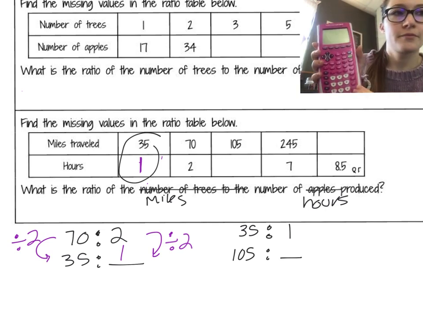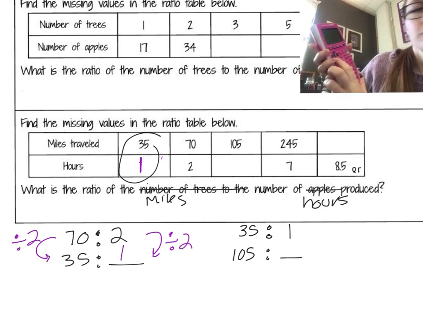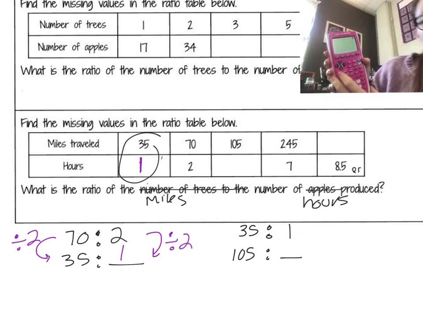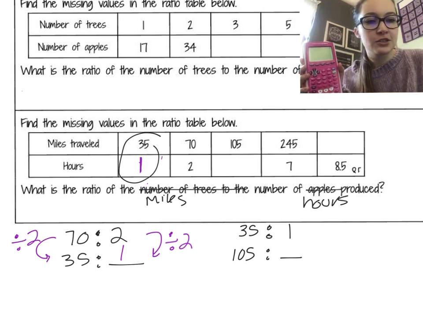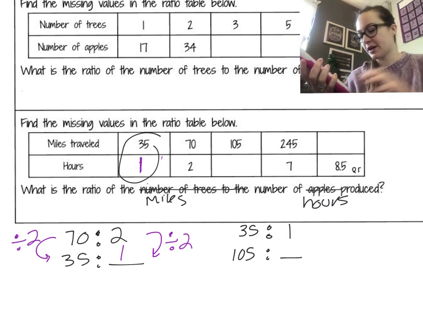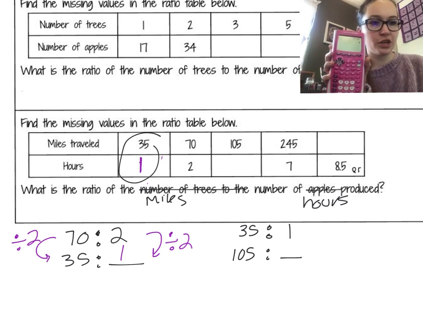Handy dandy. Shows it backwards for you, but that's okay. So basically to figure out the relationship, I'm going to take 105 divided by 35, which is 3.